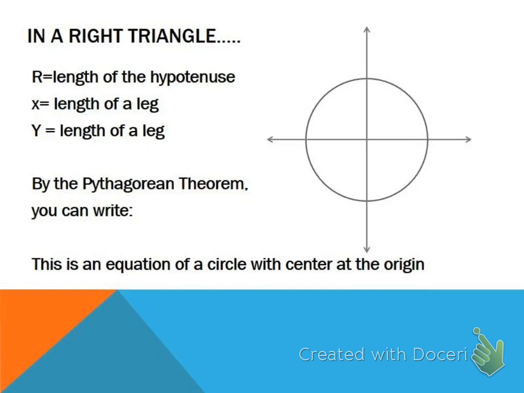So what that means is I am going to, from the center of this circle here, draw a hypotenuse that touches the circle. Ideally, it would be a straight line. That's better. And then I'm going to use that to draw in the rest of the right triangle. So this is what would be called R over here, the length of the hypotenuse.